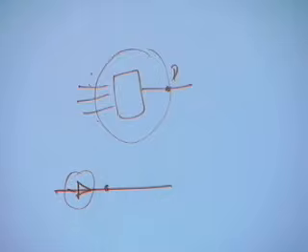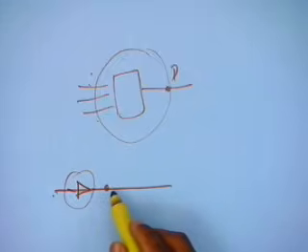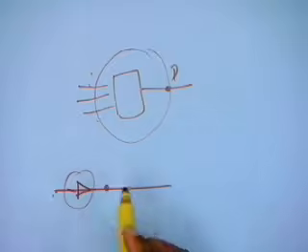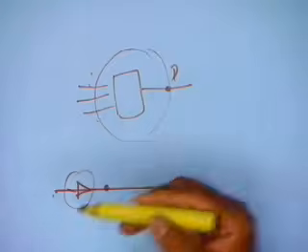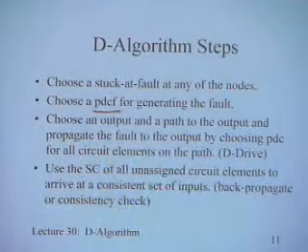Basically a PDCF for this will be nothing but the opposite of whatever is the value. If I want a stuck at 0 here, the primary input should be 1. If I want a stuck at 1 here, the primary input should be 0. So if it is a primary input, you have to do this. Just assume a 1-to-1 buffer which just takes the input, but if it is an intermediate node, then I choose the PDCF. So choose a PDCF for generating the fault.